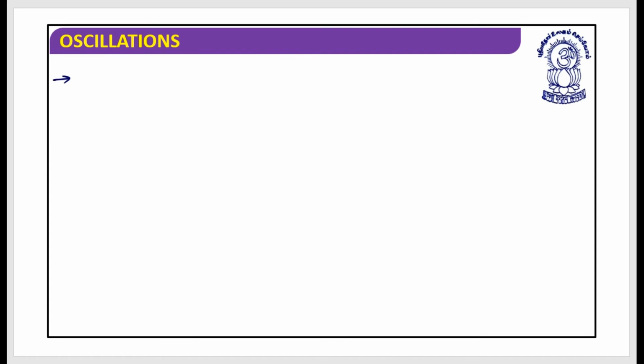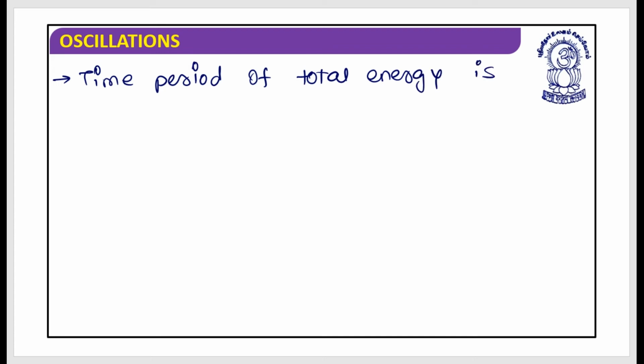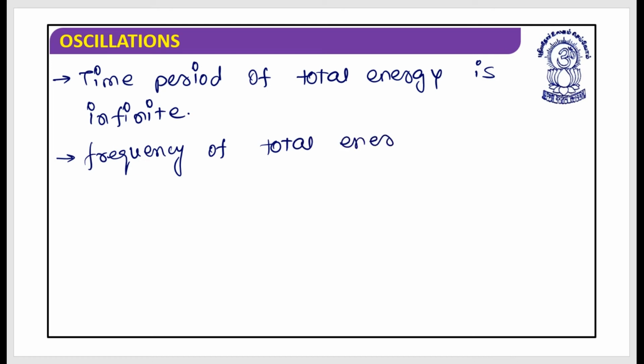So it means the time period of total energy is infinite, or I should say the frequency of total energy is zero, because it is never ever going to change. I hope this is clear.